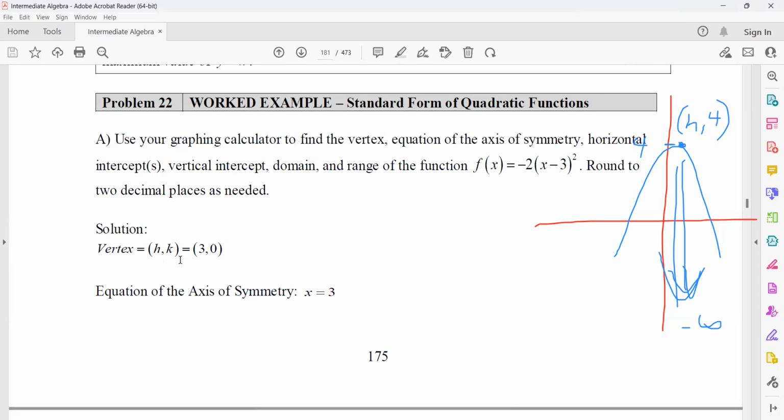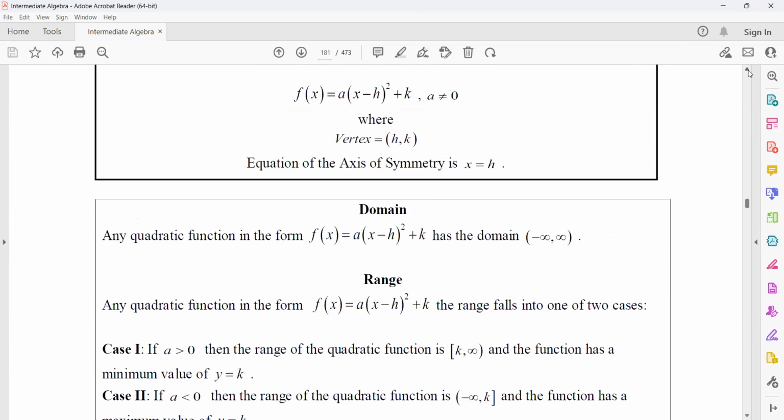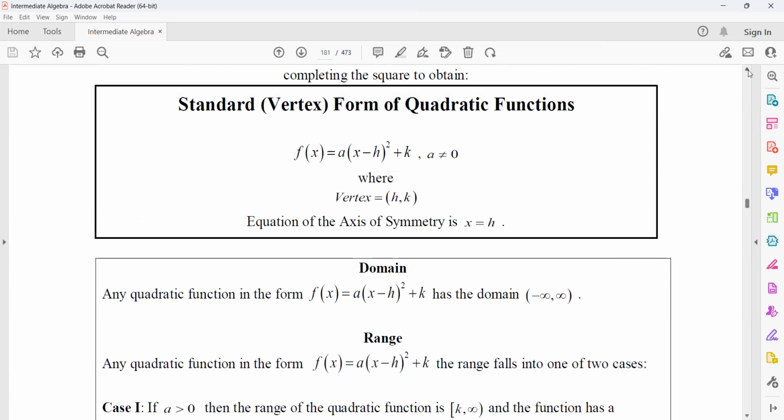Now, because our vertex is (h, k), I would first of all look at the standard form of a quadratic, and then compare it to what I have here. We just looked at the standard form: a, and then in parentheses, x minus h, closed, squared, plus k.